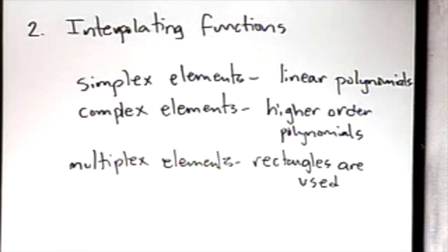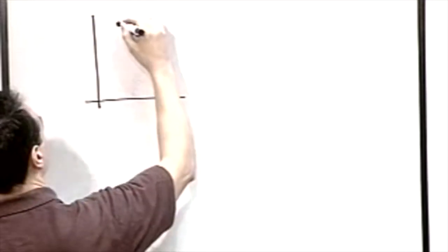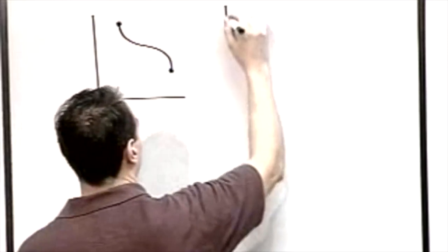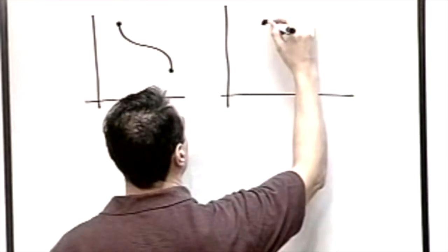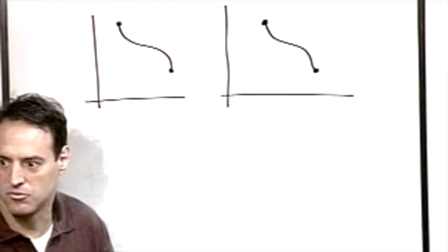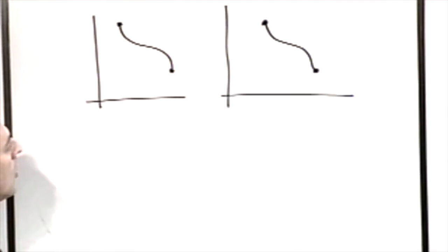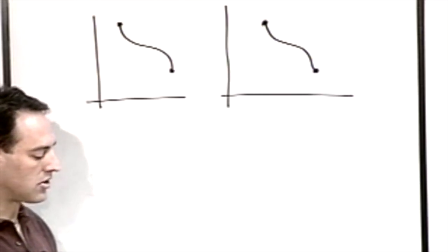Okay. So first of all, in one dimension, let's just take some exact solution that looks like this. The point is, I don't really know what the exact solution is. I'm trying to calculate this thing numerically. So what would you use if you had a simplex versus a complex method?